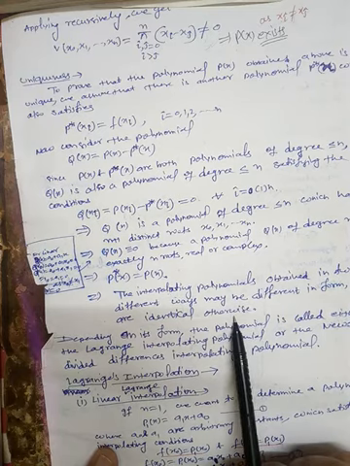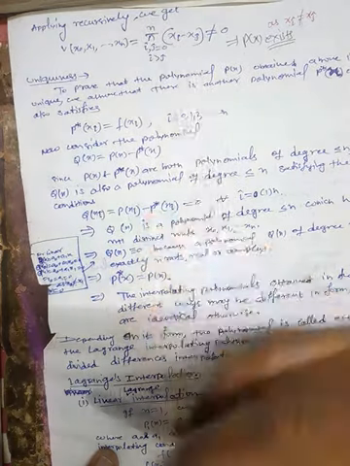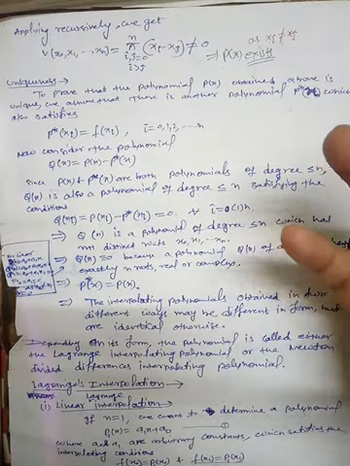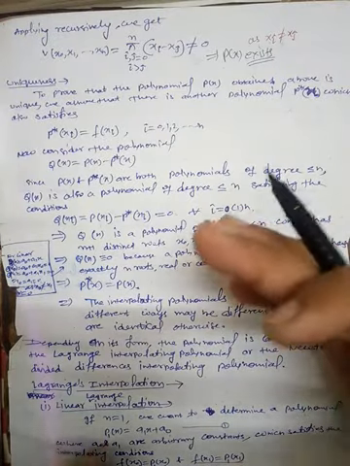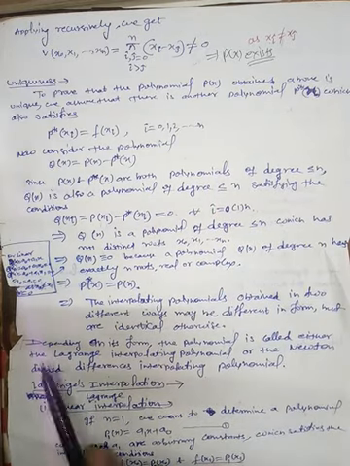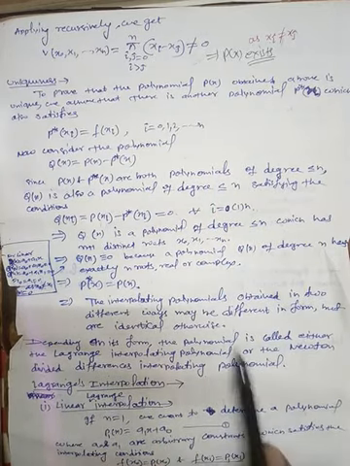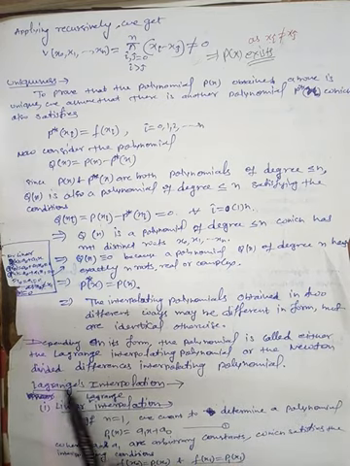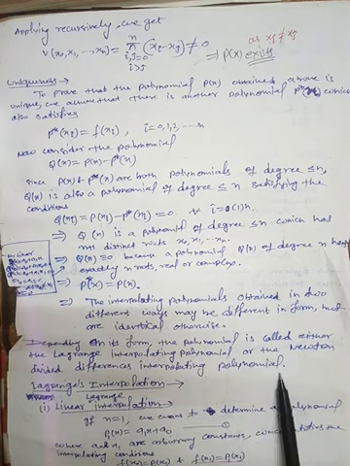Their procedure of evaluation or their representation may be different, but ultimately both represent the same polynomial. Depending on its form, the polynomial is called either the Lagrange's interpolating polynomial or the Newton divided difference interpolating polynomial.